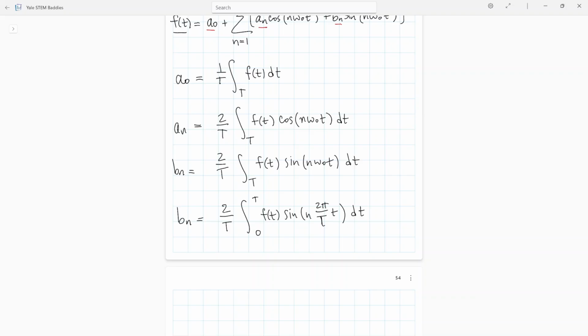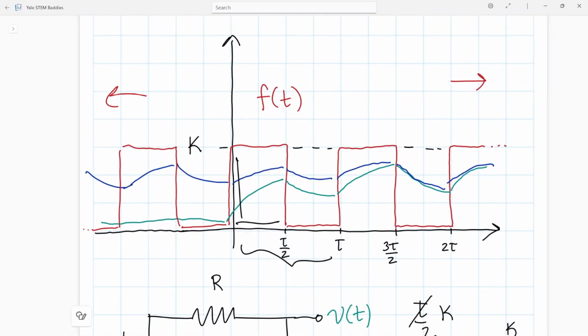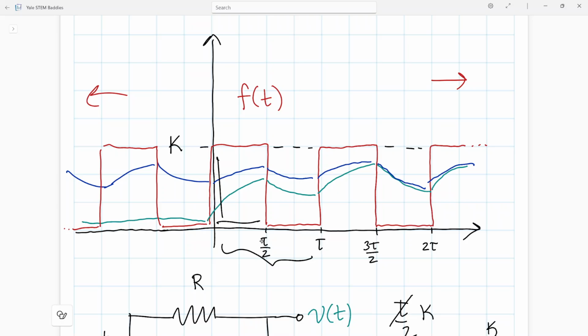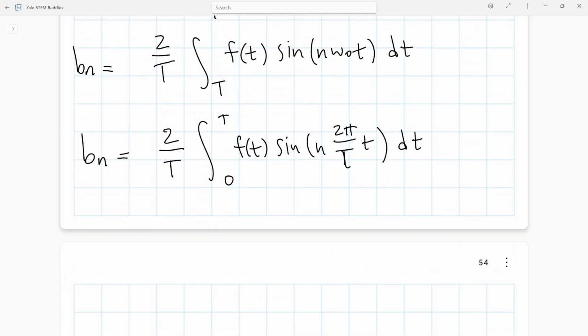Let's also manipulate this limit because the pulse is only on until T over 2. So we can take this integral from 0 to T over 2 instead of from 0 to T, because this whole portion is just 0, so it doesn't matter. From 0 to T over 2, f of t is just equal to k. That's just how a square wave works.